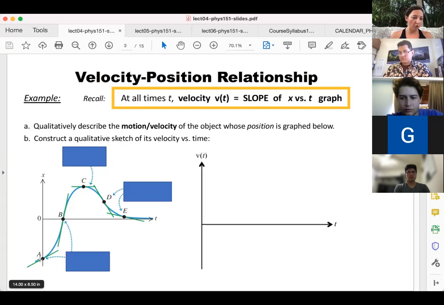But if we go back to A, what we see is that we are starting from a negative initial position, which could be, at this point, the grocery store. So when I'm at the grocery store here, I have a certain velocity, because you see the instantaneous velocity in the tangent.